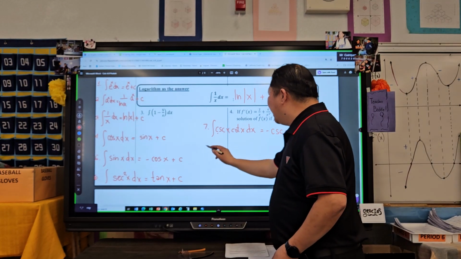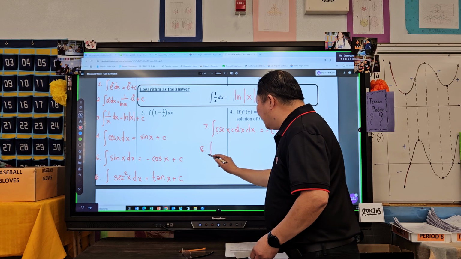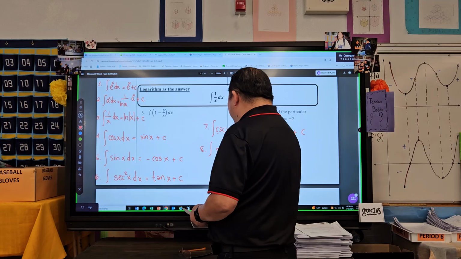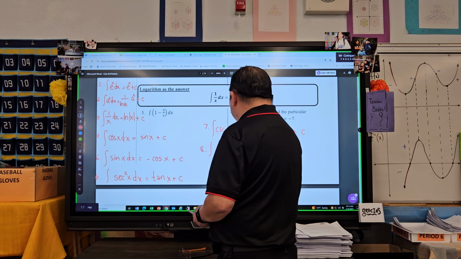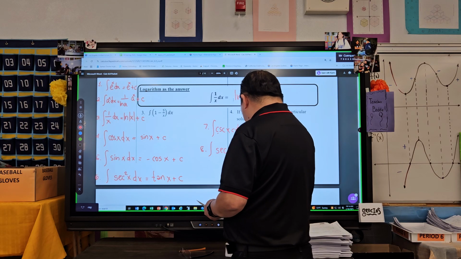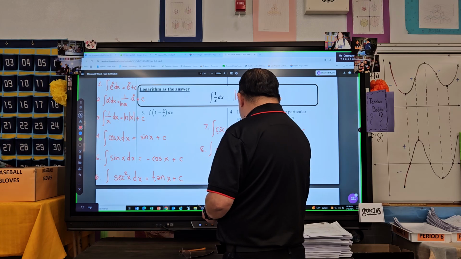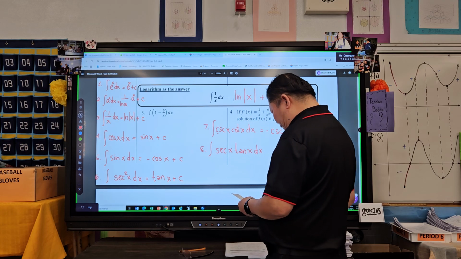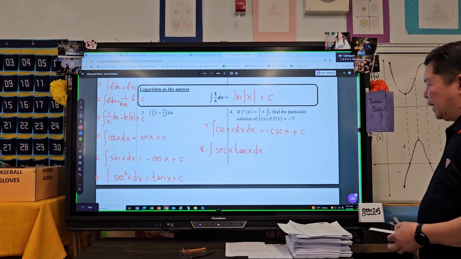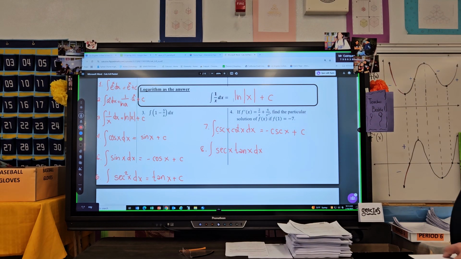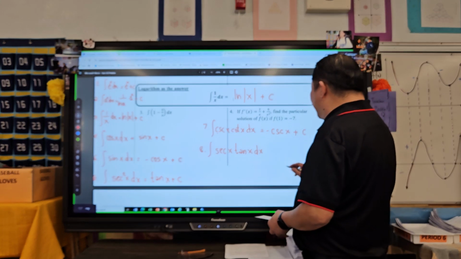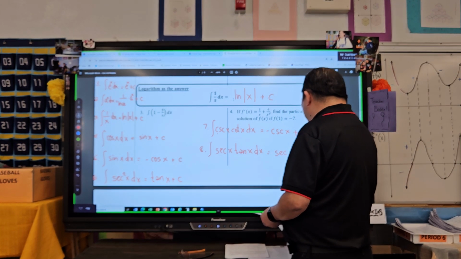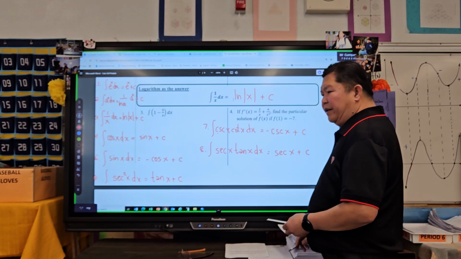Next, formula number 8. The integral of secant x tangent x dx. Okay. So the integral of secant x tangent x is equal to secant x plus the constant.